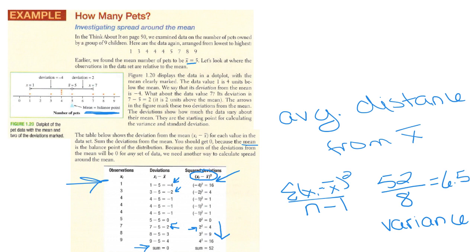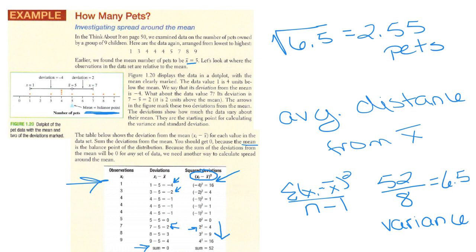We have to undo that squaring that we did. So if I take the square root of my variance here, now I can get down to just pets. And that will give me my standard deviation, which is going to be my typical distance away from the mean.